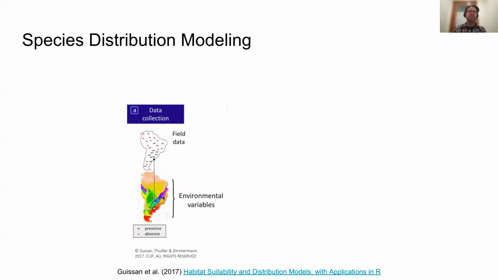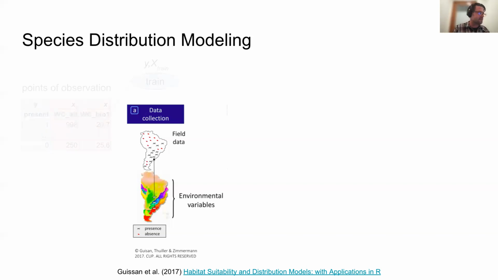Then you use the raster extract function to, for each of those observations, whether presence or absence, extract the underlying environmental values for each of those layers.